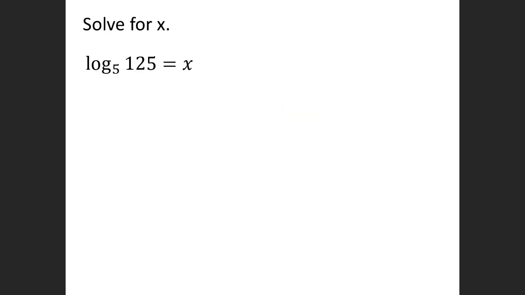Okay, so in chapter 3, you're going to be looking at solving equations that look like this. And so one of the first things that we can do is to change this so that it looks like an exponential function. Let me just refresh what that means. Let's say you have log base b of x is equal to y.